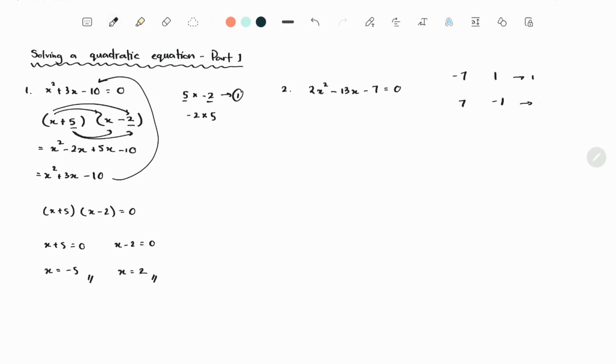Now, those are all the combinations. Now you have to put it into the function and see if you get this or not. So write the brackets. In order to get 2x squared, you need to multiply 2x and x. Now put these numbers in.